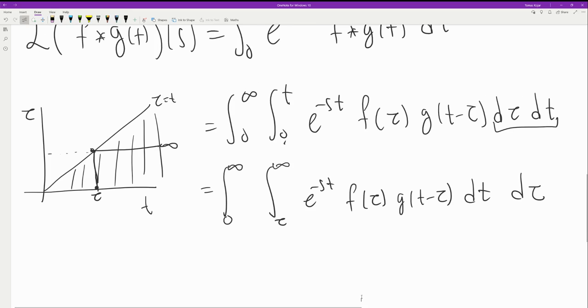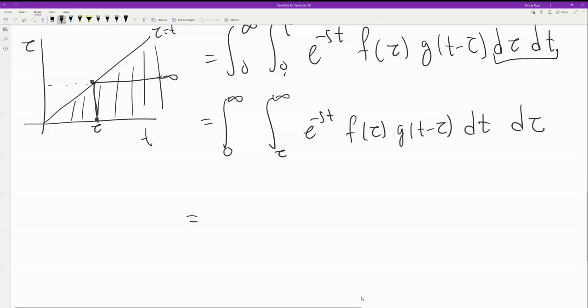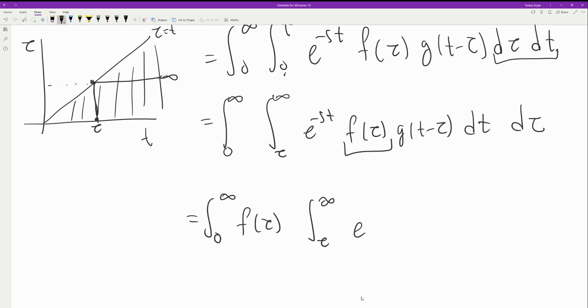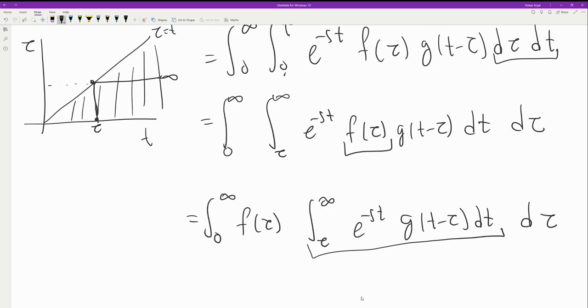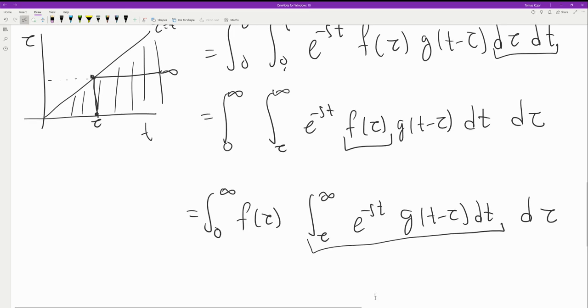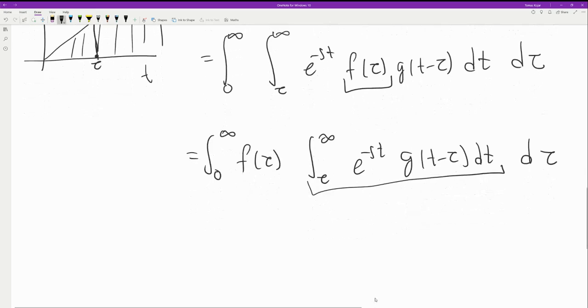Okay? So tau, and this is t. Well, this guy depends on tau, so we bring it up. Now here we do a change of variables, t tilde equal to t minus tau.